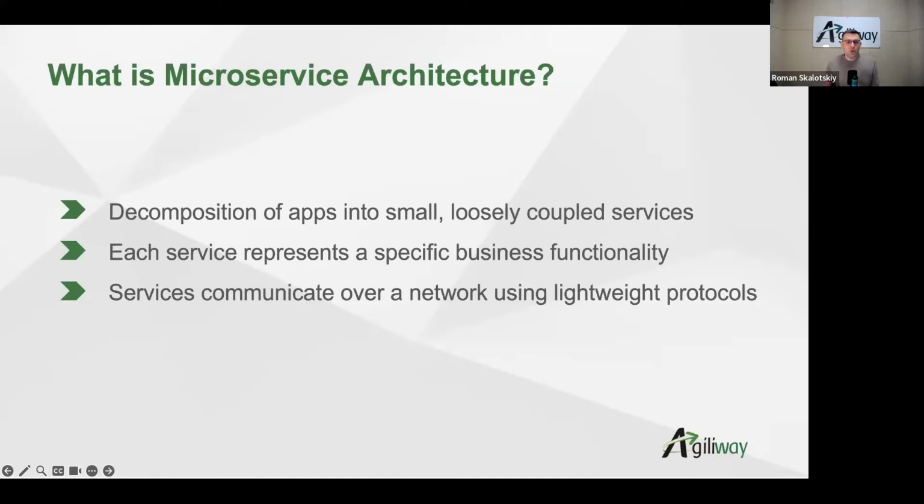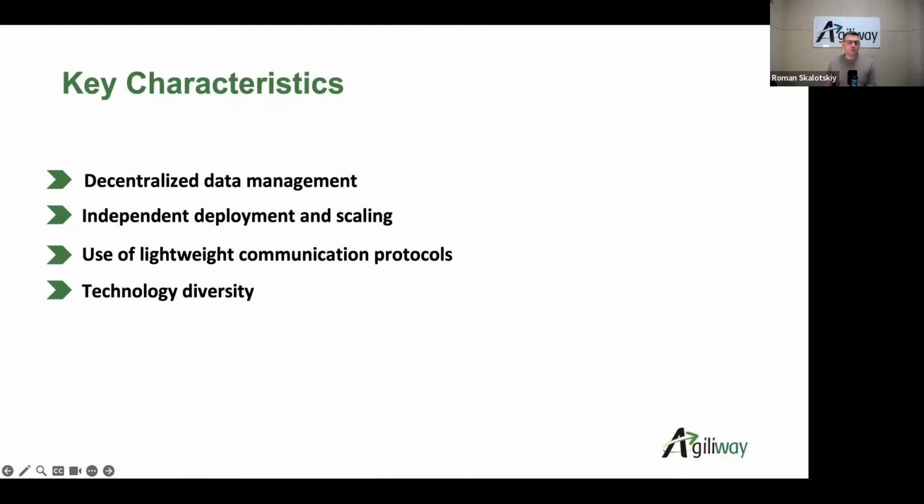So let's go through the main key characteristics. The first of all is decentralized data management. Decentralized data management in the microservice architecture involves each microservice owning its own data and database, and each service can scale independently, choose the best database technology, and ensure high availability.